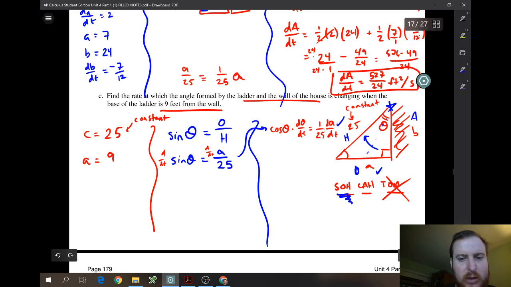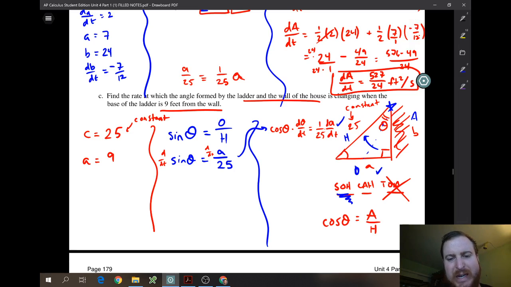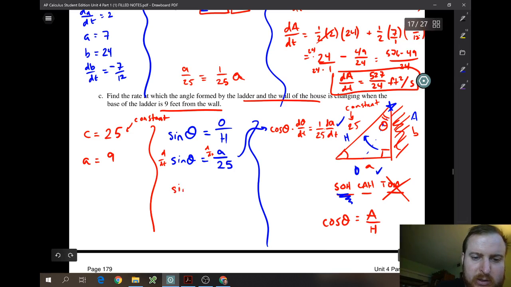So now we can go ahead and look at what we can plug in. So cosine of theta, that's a little bit weird. Cosine of theta is adjacent over hypotenuse. Okay, well, adjacent is the B side. So there's a way you can do this, especially if you have a calculator, to solve for sine. You could plug in the 9/25ths. You could do something like sine theta equals 9 over 25, and then you do inverse sine.